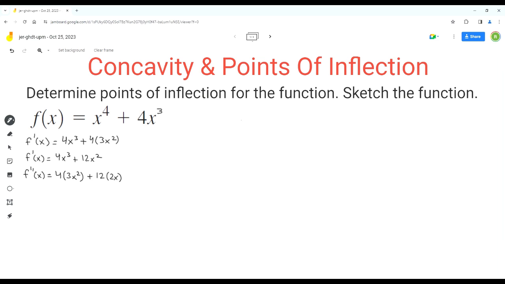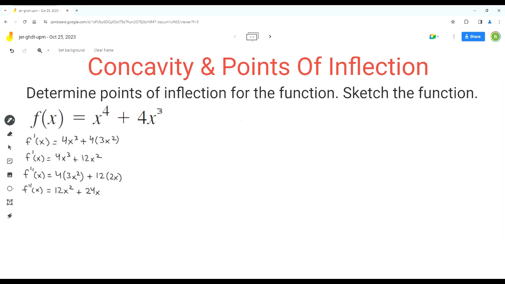Now we can simplify this expression. So 4 times 3 is 12, and then 12 times 2 is 24. So this is the expression for the second derivative.